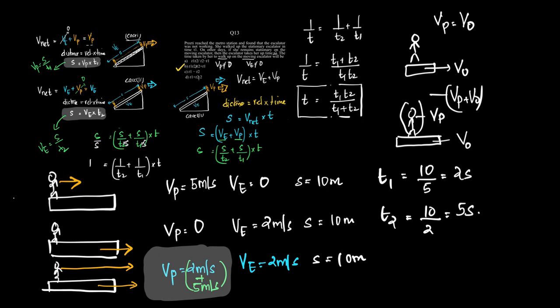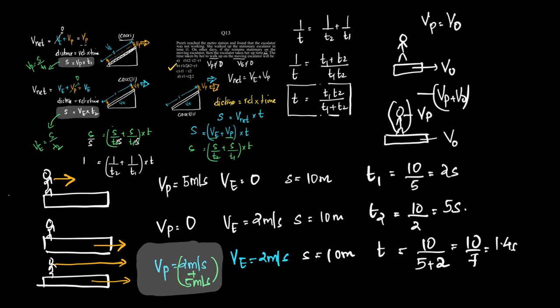But when he is moving along with the escalator, T here becomes 10 by 5 plus 2, which is 10 by 7, so about 1.4 seconds, right? So what is the inference?